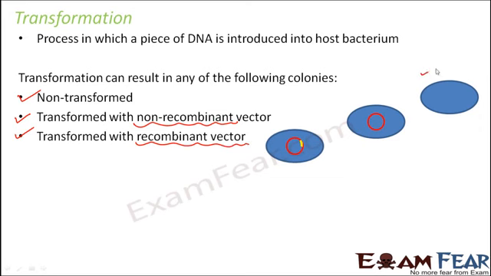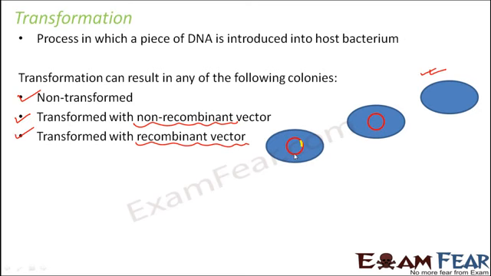So here you see non-transformed. Why? Because it doesn't undergo any change at all. Transformed with non-recombinant vector: you have the vector in red, but it is non-recombinant. So it did not combine with the foreign piece of DNA. And the third option is it gets transformed, that means it undergoes a change with the recombinant vector.